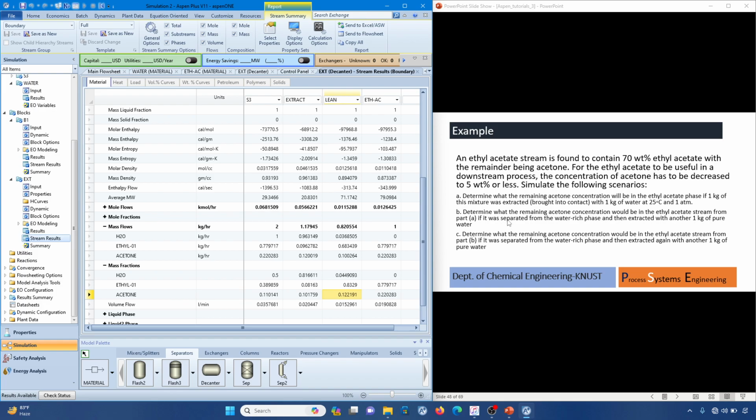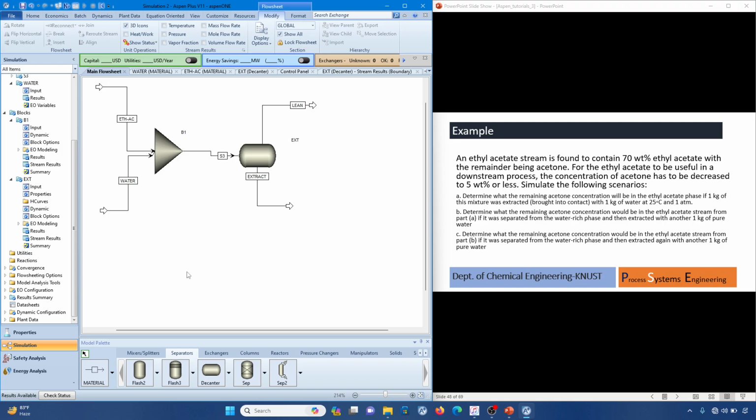So if we head back to the problem, it asks us to determine the remaining concentration from the first part. The other two questions are repetitions of the first one. So we're just going to complete the flow sheet.